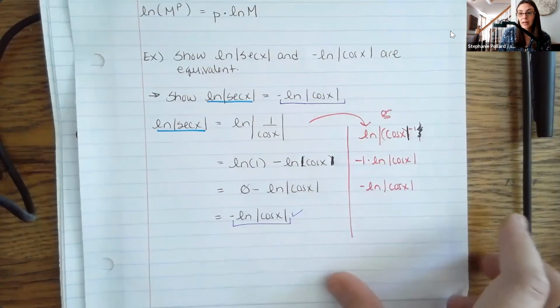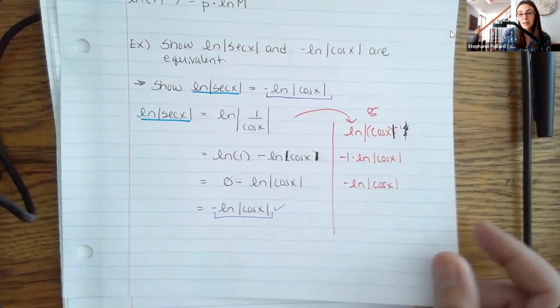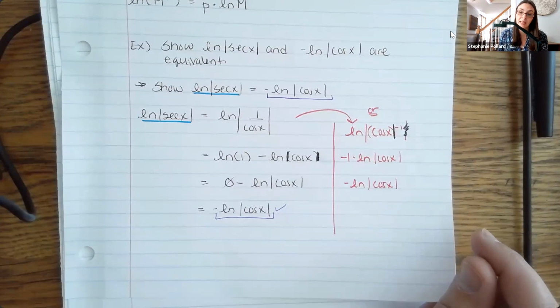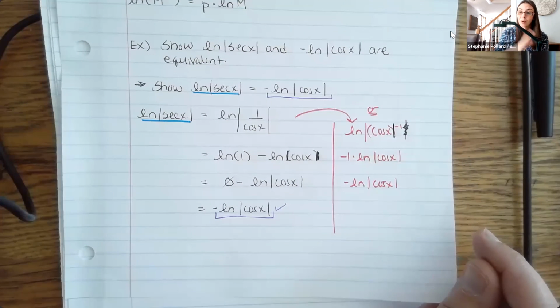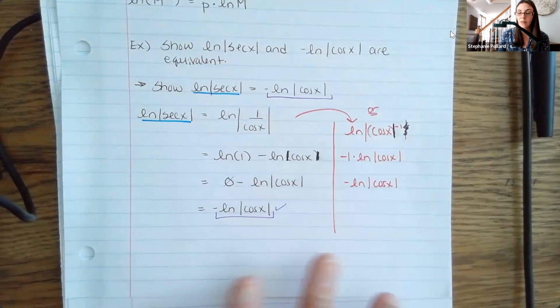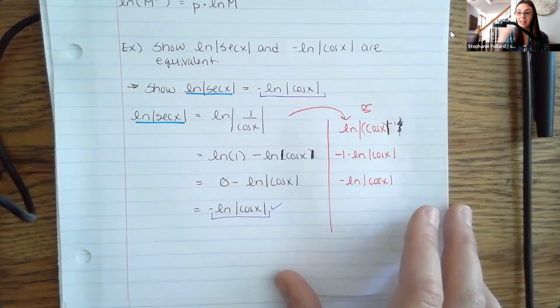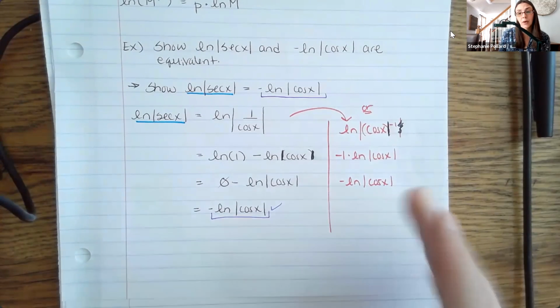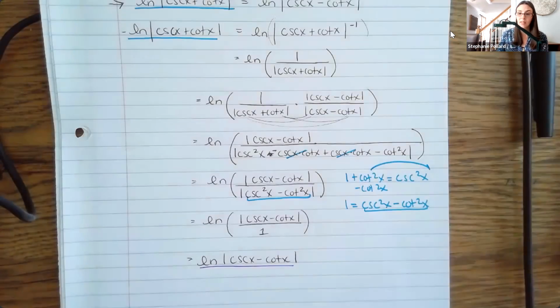As long as you can get the right answer and can verify the identities, it really doesn't matter. Obviously, you want to make your life as easy as possible, but what's easy for one person may be more difficult for another. So find the strategy that works for you. If you see something that's working when solving these little puzzles and you're getting to the right solution, then that's great. So there's more than one way to do it, and that is often fine.